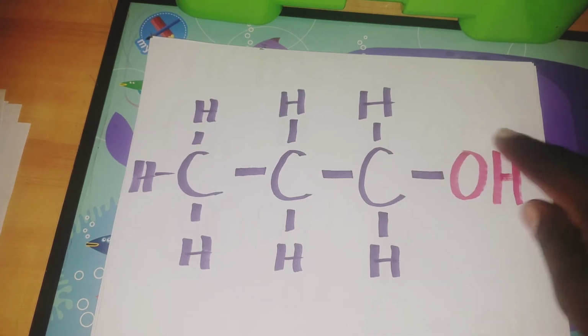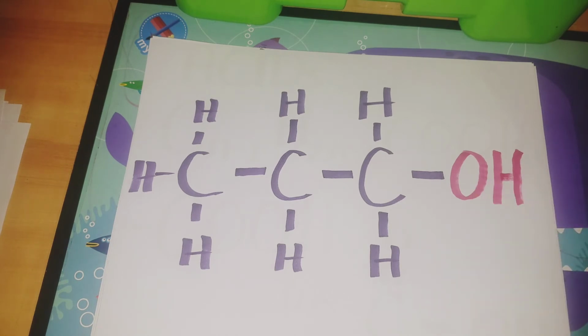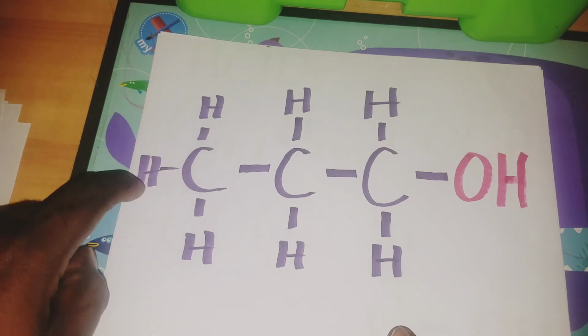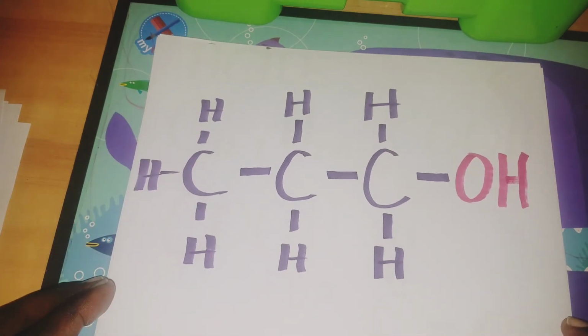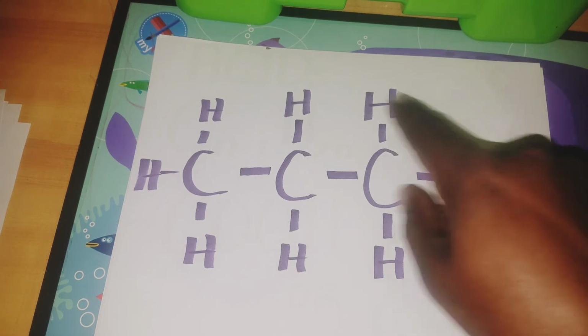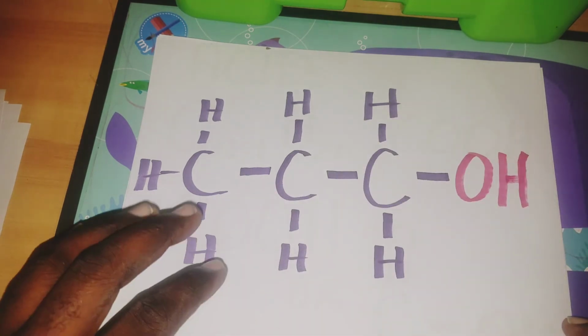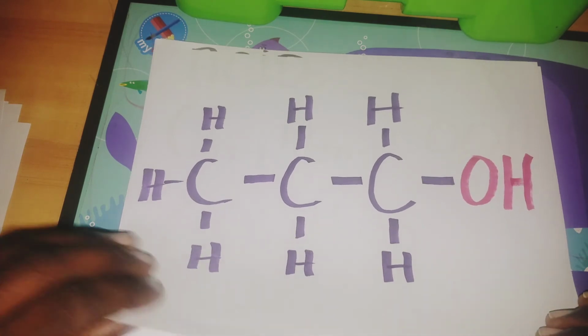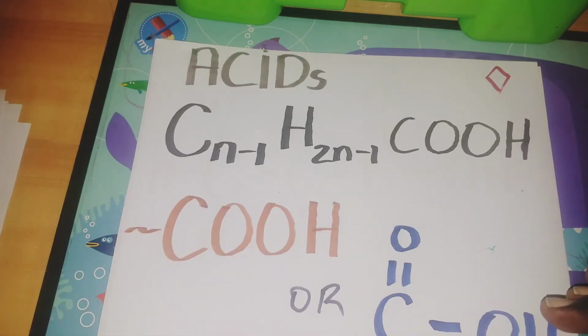And the OH, of course, is separate from that. So let's see now: 1, 2, 3, 4, 5, 6, 7. Wonderful. This is very good then. It has the OH and it fits the general formula. So let us move on to our next class of organic compounds, and this class is our acids.